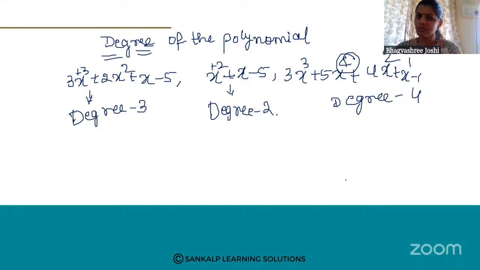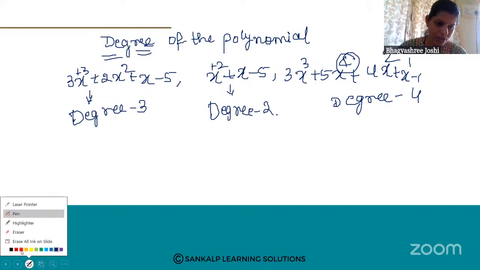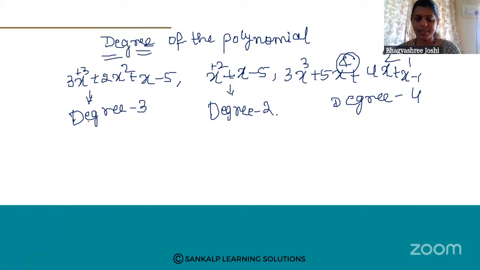Next comes, based on the degree of the polynomial, we can divide polynomials into 3 types. 3 types means actually more than 3 types, but here we are considering 3 types. So if a polynomial has x plus 3, here the power is 1. That means the highest power is 1. So if the polynomial has degree 1, highest power 1, we call it a linear polynomial.